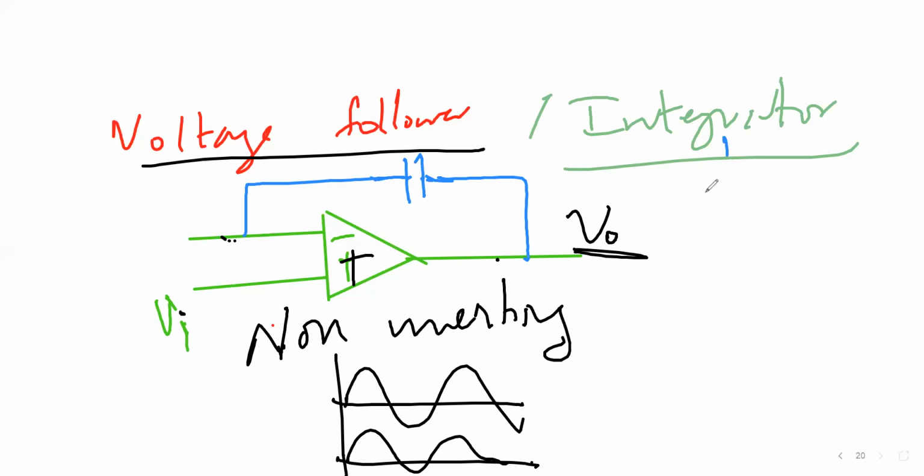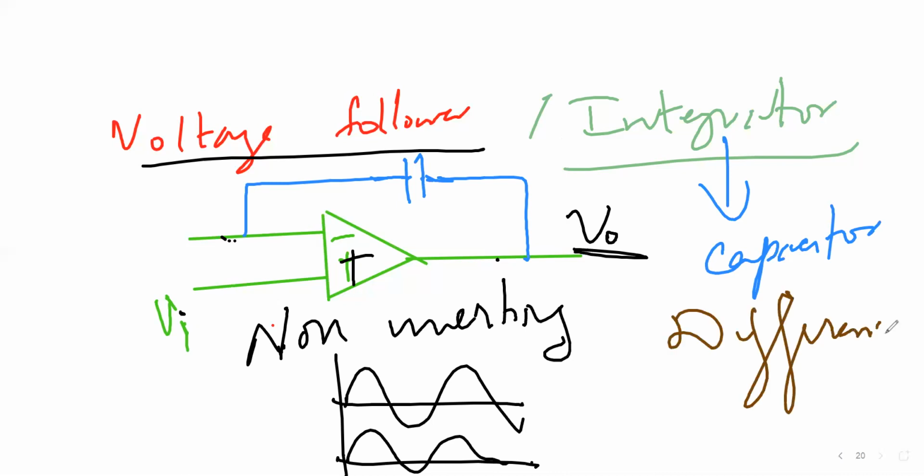This is how I'm teaching you diagrams so you can remember. Now the differentiator: remove the capacitor and put a resistor, then it becomes a differentiator. Is it easy or difficult?